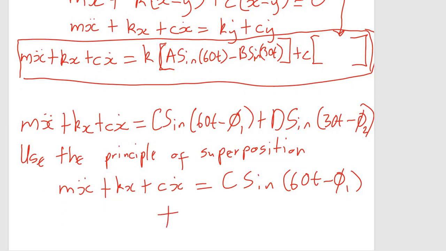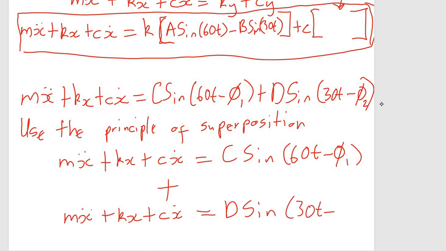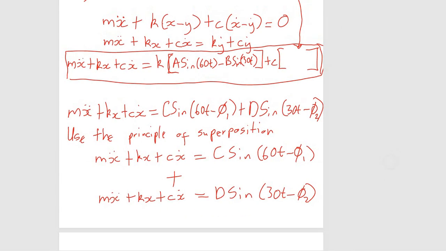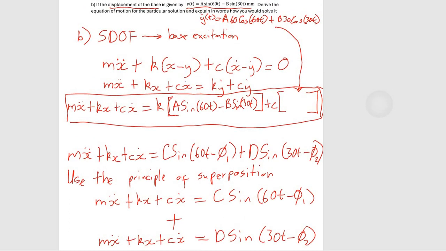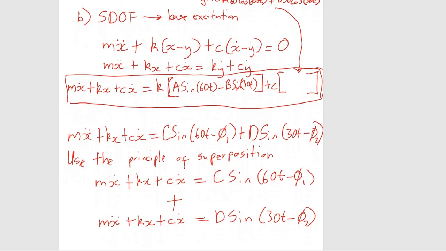And the second part is going to be the part of mx double dot plus kx plus cx dot is equal to d sine 30t minus phi 2. So this is the explanation that you would have given for this particular part B, with more emphasis on the words.